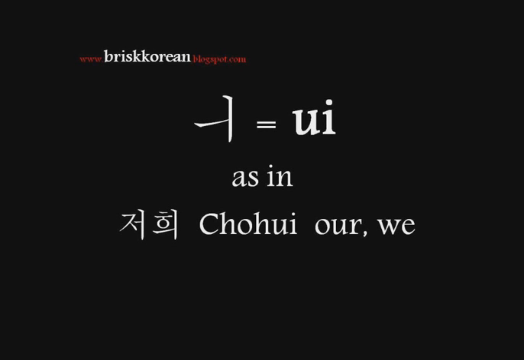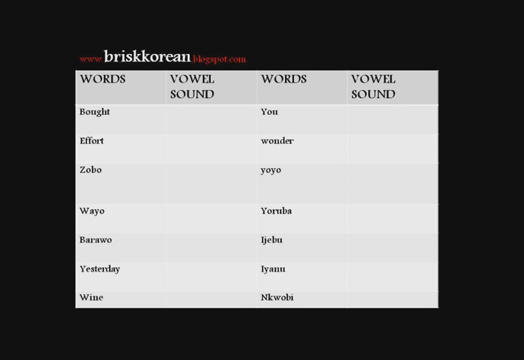Alright. Now let's take a simple test. This is just to help us master, understand these diphthongs without making things difficult. So now we have words, different words, some of them Nigerian words and English words, and we have a column for the vowel sounds.